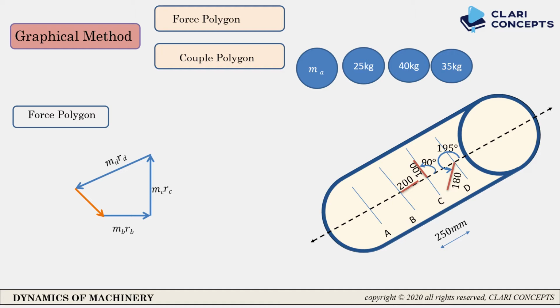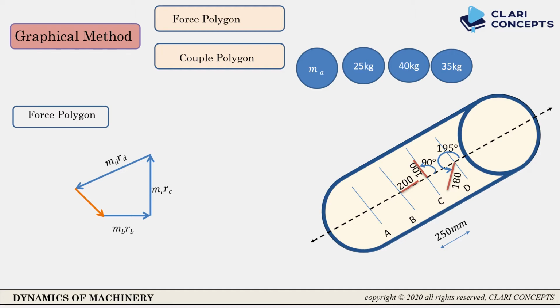But here you can see the polygon is not closed. To close the polygon, which means to make your system in equilibrium, you have to join the first point and the last point. So here you can see one arrow is joining.